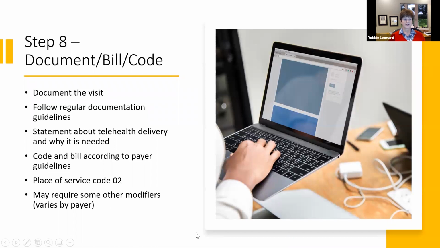So then our next step is we want to make sure we have documentation guidelines and we know how to bill and code. So we want to document the visit just like we would a regular visit. All of those things are still important. That hasn't changed. But in the beginning of our documentation, we want to make a statement that we are performing this service via virtual healthcare visit, and why we're doing that.